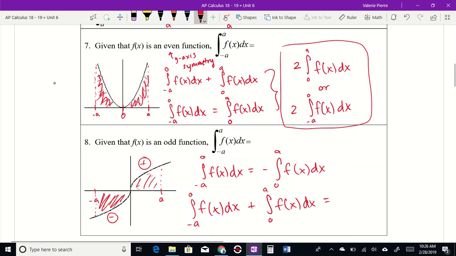So this is negative 0 to a plus positive 0 to a, which is 0. So if we have an odd function and we're looking for the integral from negative a to positive a, our answer is just going to be 0 because these areas are the same but opposite signs. So when we add them together, they will cancel each other out.